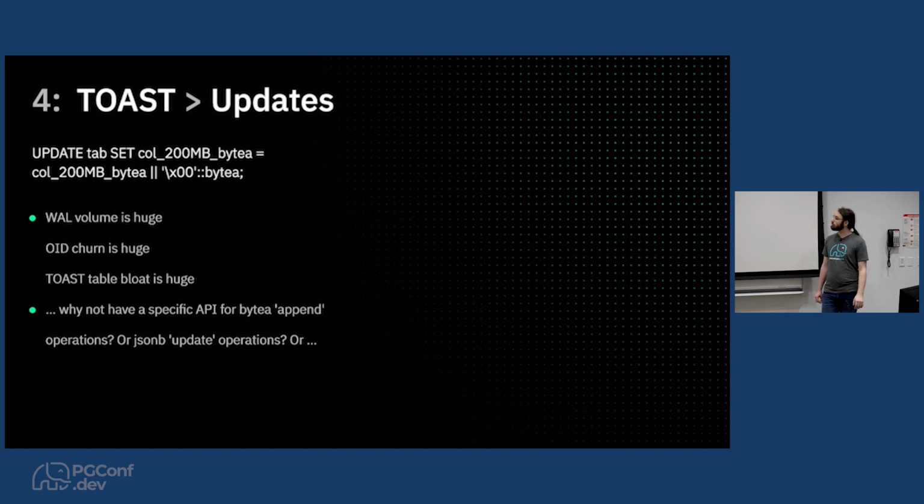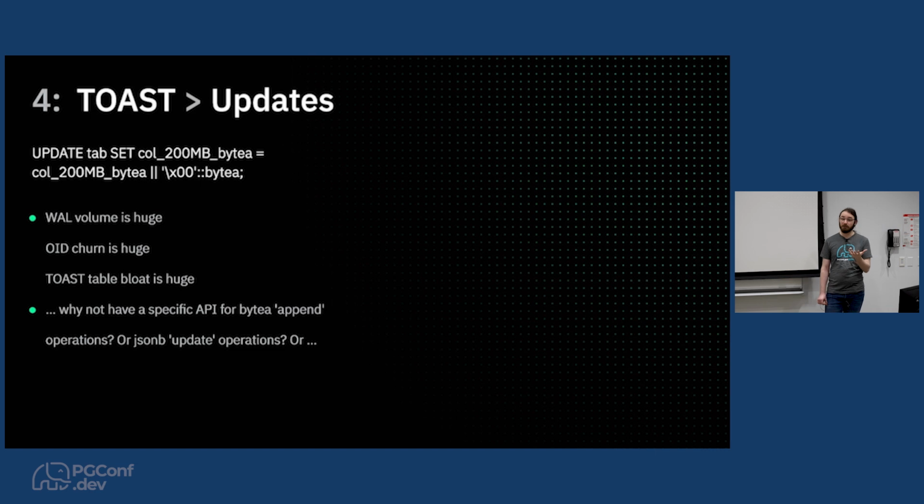So someone noticed this and asked, why do we not have a specific API for updating, say, byte arrays, for appending values to byte arrays, or update a JSONB key value, or that kind of stuff.